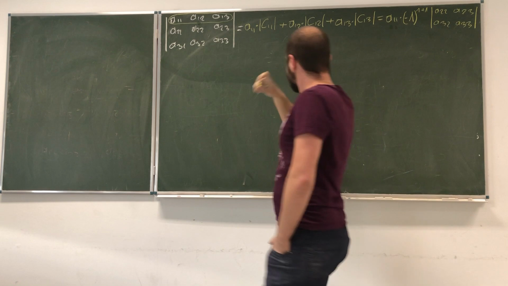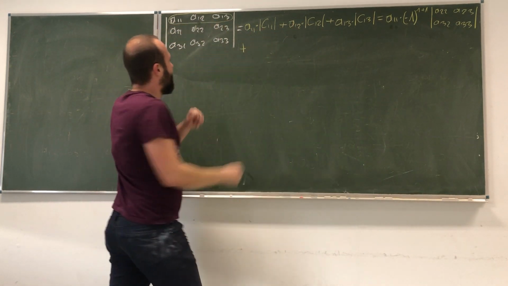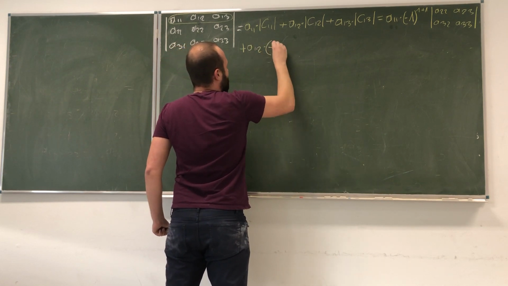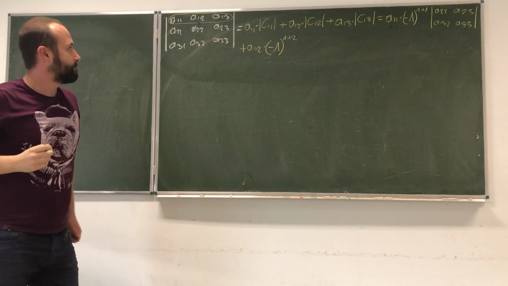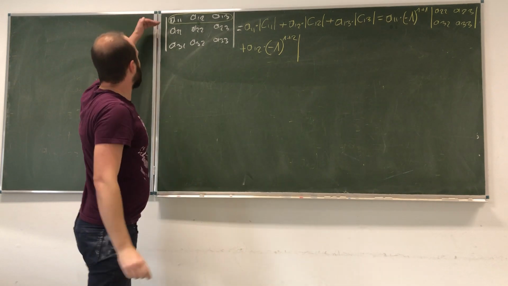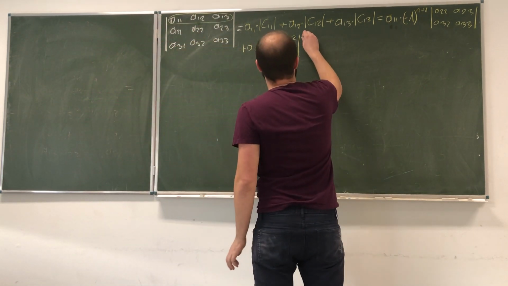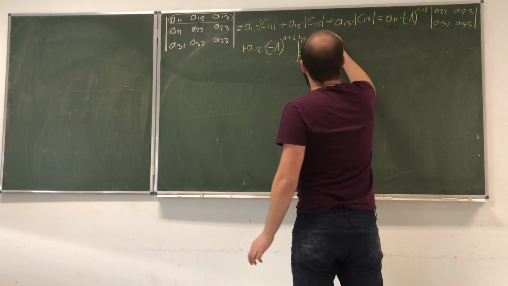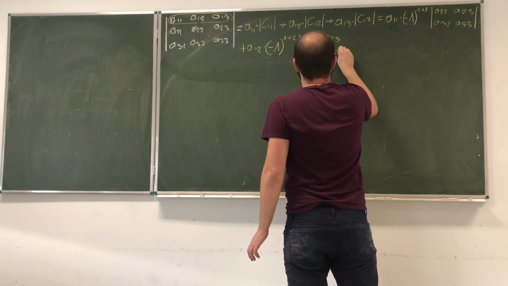Then I need to add to it A12 times negative 1 to the power 1 plus 2 times the minor. So I delete now the first row, second column, and I get A21, A31, A23, A33.